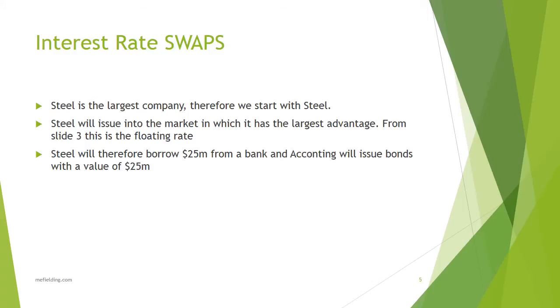Steel will therefore borrow 25 million from the bank. The rate it pays was given to you on slide number 2. And accounting will issue bonds with a value of 25 million, and the interest it pays is, from memory, 5.2%. Okay, so far you've just got the actual loans. The swap transactions are independent from the loans, at least as far as the classroom is concerned.